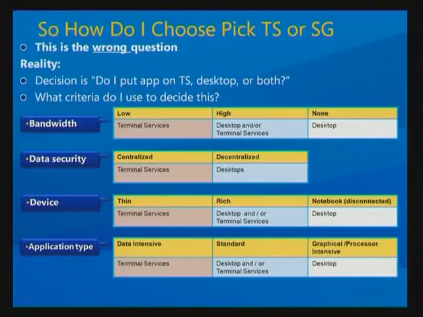If you're using SoftGrid, you're interested in delivering the application to a Windows desktop. And then lastly, there's the application type. We'd never pretend that all applications are ideal to go on a terminal server. Anything that's graphics intensive, multimedia, or processor intensive isn't really an ideal candidate for terminal services. It's an ideal candidate for a desktop machine.